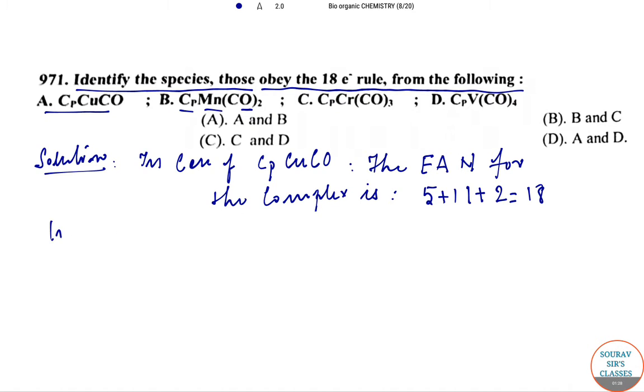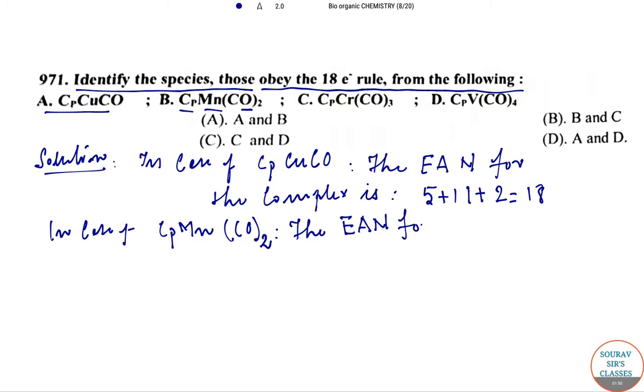In case of CpMnCO2, the EAN for the complex is 5 plus 7 plus 4 is equal to 16.